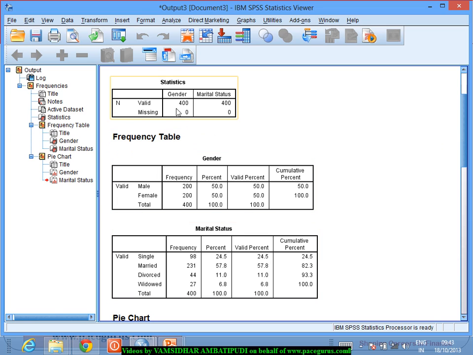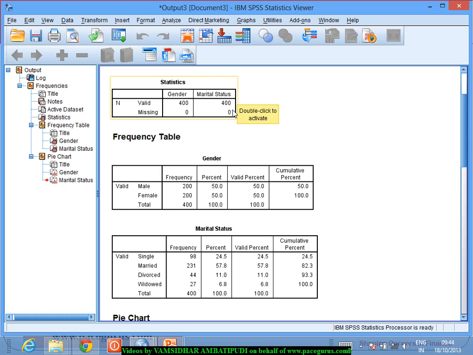But before we get into it, there is a simple summary being given, saying valid data and missing data. 400 valid under gender and 0 are missing, which means no data is missing as part of the gender, meaning all the 400 records have the gender represented in the data.